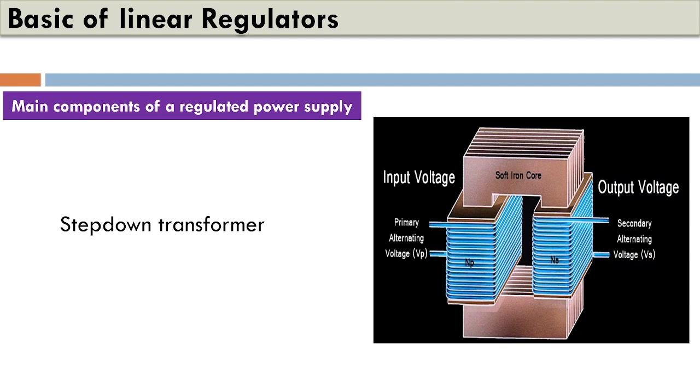So the requirement of the load defines the current that needs to be pulled in the secondary part of the transformer. So you will have to select the transformer in that manner.